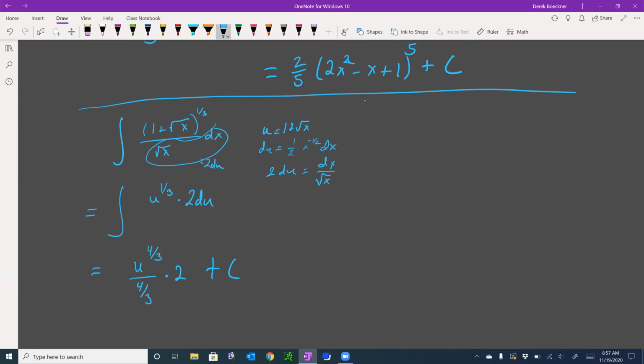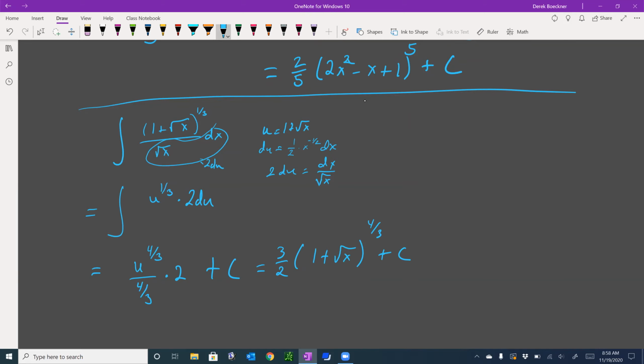And that ends up being 1 plus the square root of x to the 4/3. And then I've got some constant stuff that I have to figure out, 3/2. Flip it over, the 3's up top, the 2 and the 4 cancel to be just a 2 in the denominator, and then I got a plus 2.